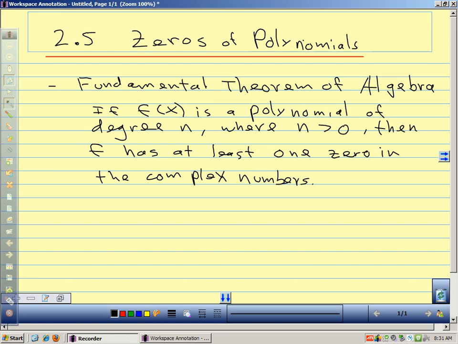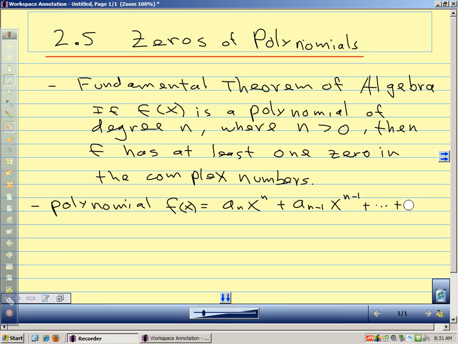the complex numbers. And let's remember we said a polynomial, we could write f of x equals a sub n x to the n, where n is our degree, plus a bunch of these terms, a sub n minus 1 x to the n minus 1, and we keep adding terms until we get to a sub 1 x plus a sub 0.